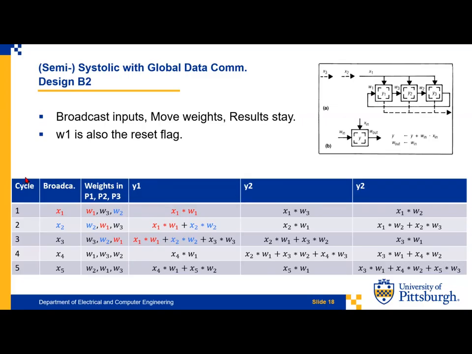For example, here the table, the cycle 1, 2, 3, 4, we broadcast x1, 2, 3, 4, and the weight will rotate among all processing elements, right? Here, W1, W3, W2, and in the next cycle, it will rotate: W2, W1, W3, and next cycle, rotate again, W3, W2, W1.